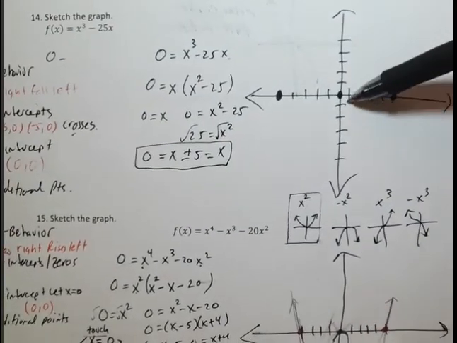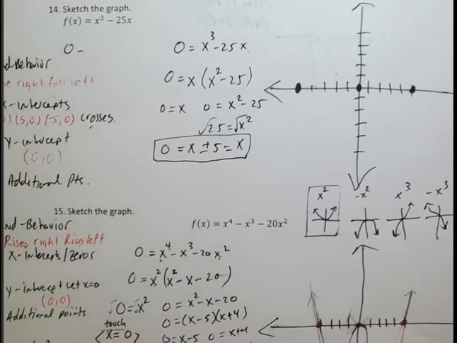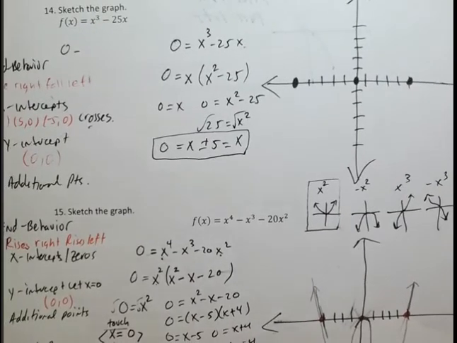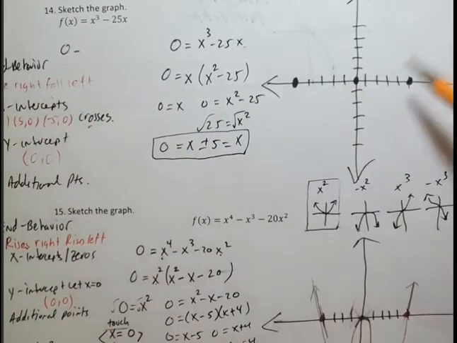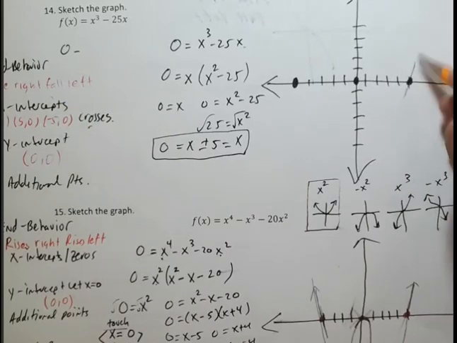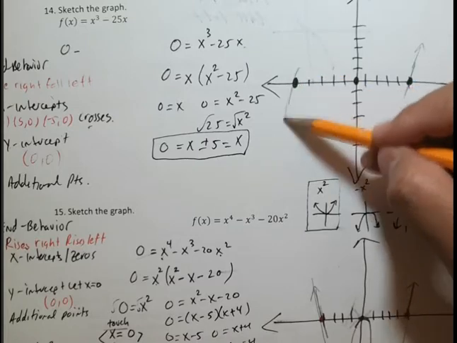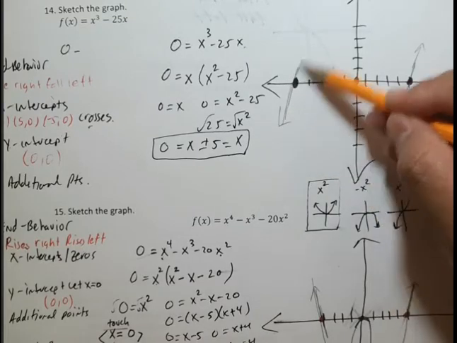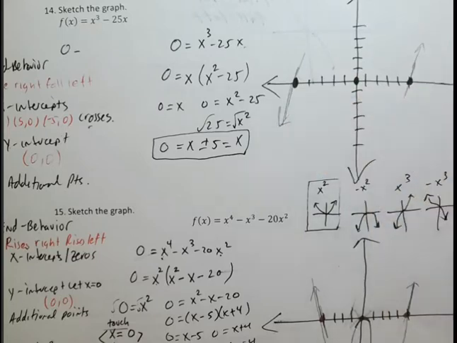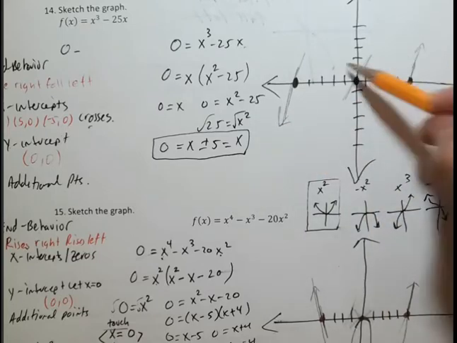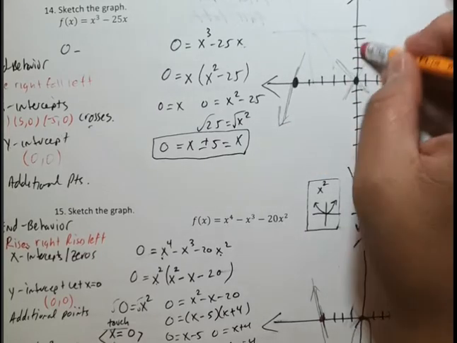Here's your 3 zeros. And then if we apply the behavior, it rises to the right and it's going to cross. So this would be something like this. And then on the last zero, it's going to fall left and it's going to cross. So it's going to be something like this. And then this point will either cross here or it's going to cross this way.